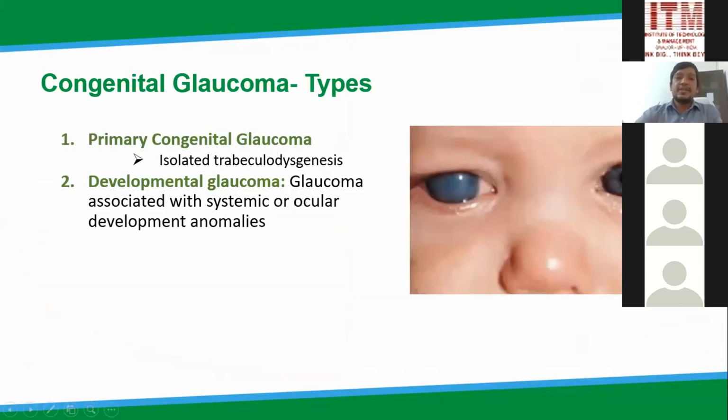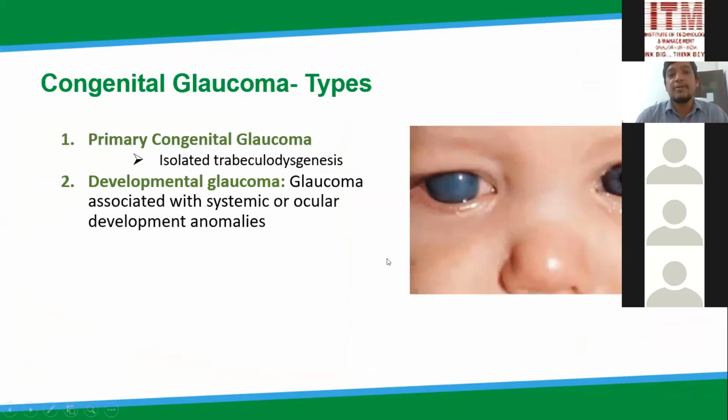Now, coming to our main topic, pediatric glaucoma. What are the types? Basically, we divide it into two main types. One is called primary congenital glaucoma, and the second is developmental glaucoma.